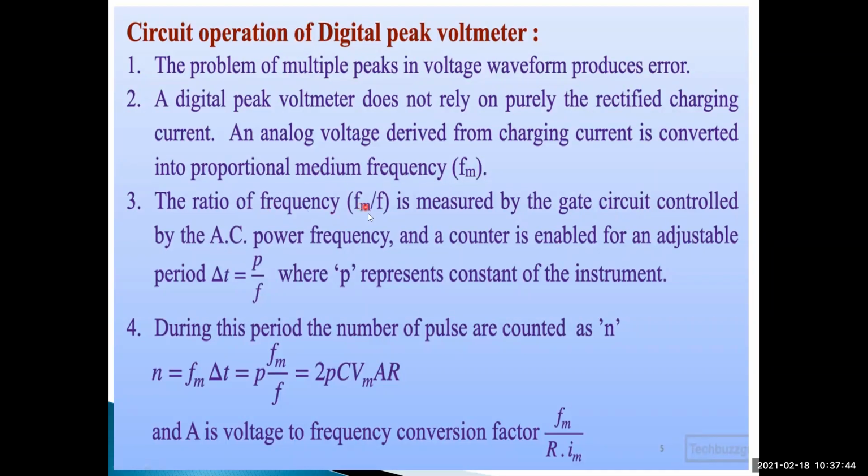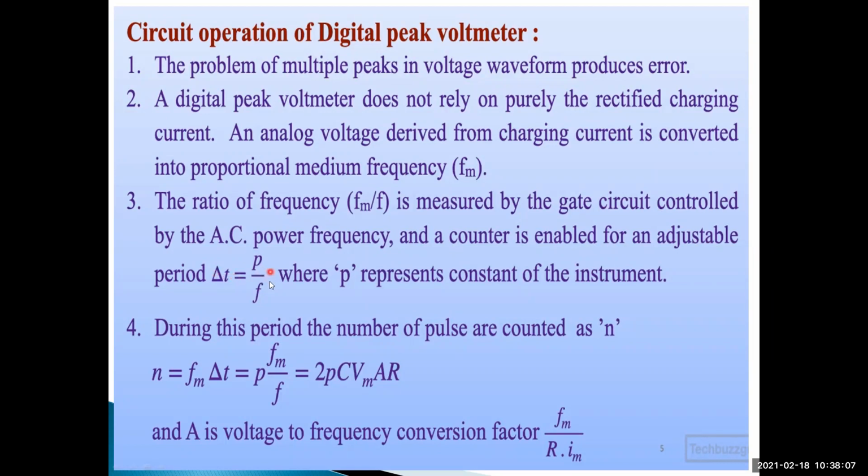The ratio of frequency fm by f is measured by the gate circuit, which is controlled by the AC power frequency, and the counter is enabled for an adjustable period.